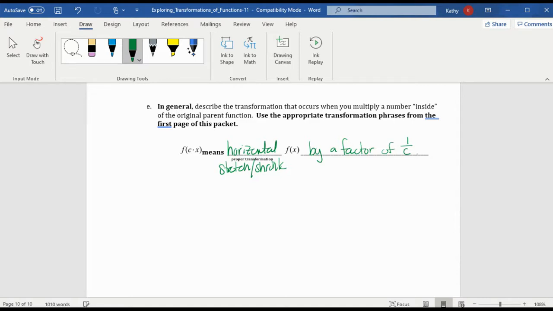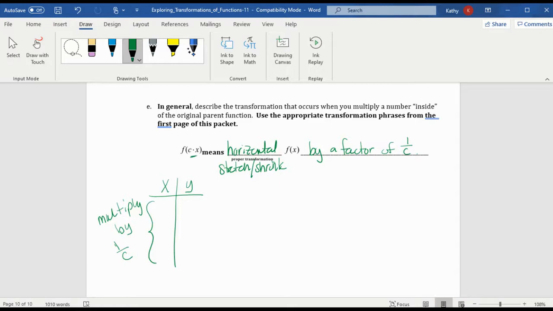So it's not the exact number. We are multiplying by 1 over whatever that happens to be. Since it is inside and we're multiplying it by x, on our table of values, we will take our x values and multiply by 1 over c. Depending on c, 1 over c would then create either a stretch or a shrink horizontally. It's opening either wider or more narrow horizontally.